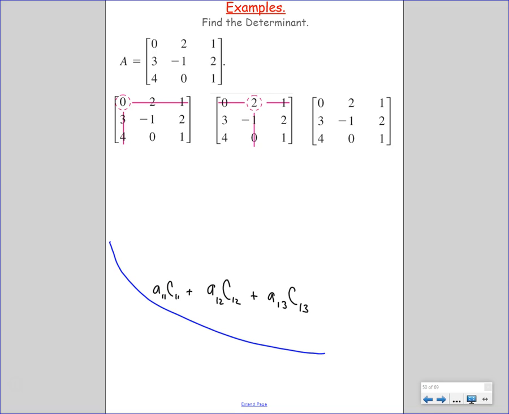But in order to plug into that formula, well, okay, the A's are easy because, guys, what is A11? No. A11 is 0. It's the entry in the first row, first column. What's A12?